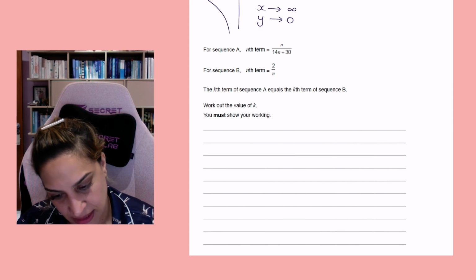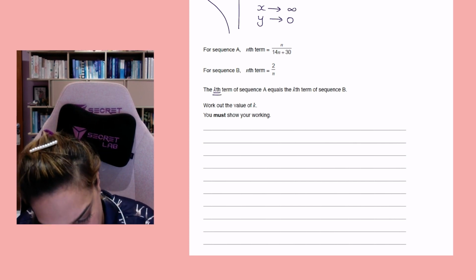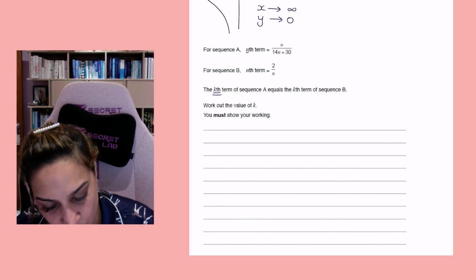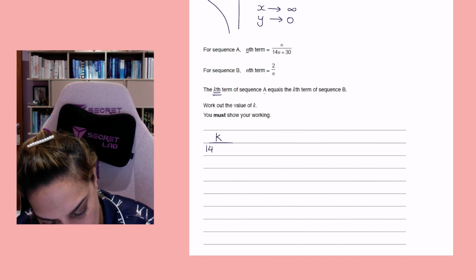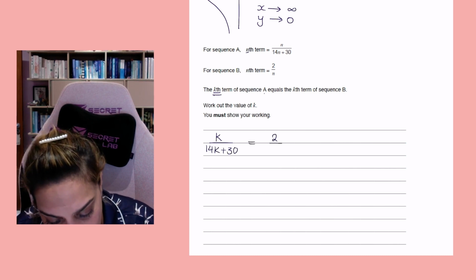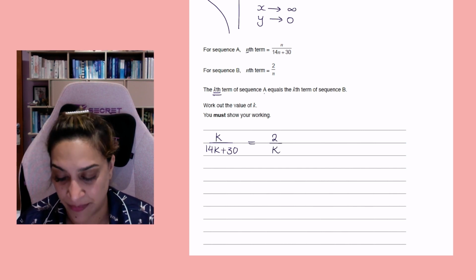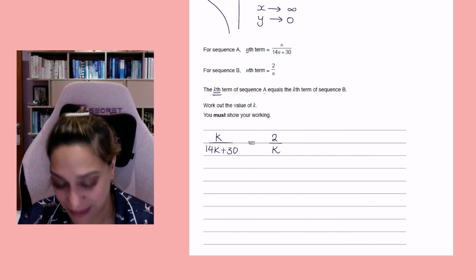There's no limiting value in the first bit anyway, so it's saying the kth term, so instead of n, we're putting k, of sequence A, so 14k plus 30 is equal to putting k into sequence B. What are we going to do now? We're going to cross multiply.